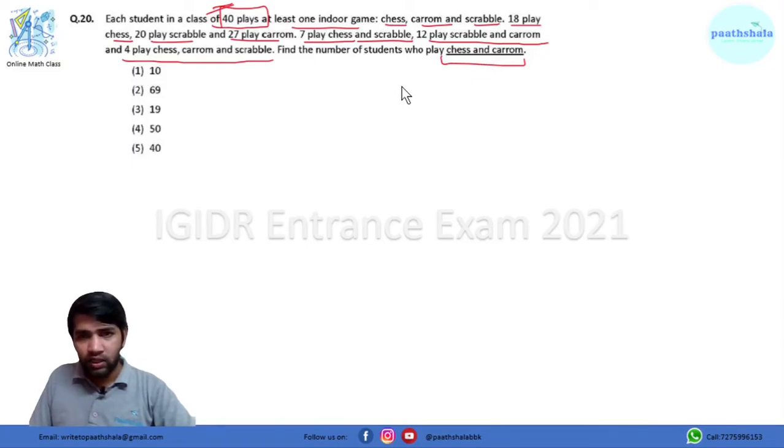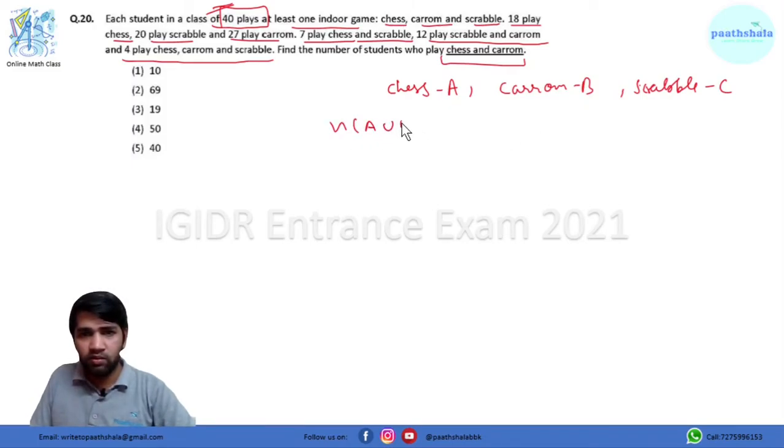Okay, so let chess denote A, carom denote B, and Scrabble denote C. Here it is given N(A union B union C) is 40, and NA, that is the number of students in chess, is 18. Number of students in Scrabble, NC, is 20, and number of students who play carom, NB, is 27.